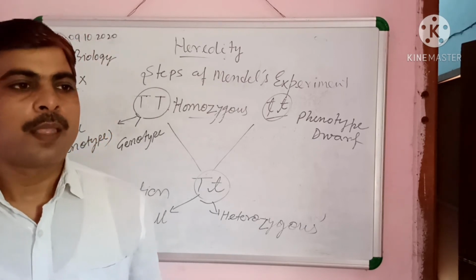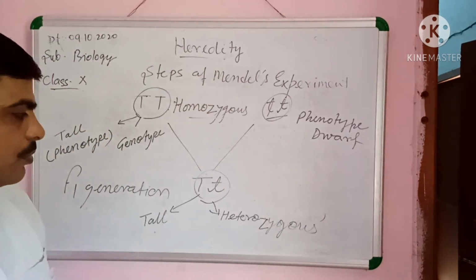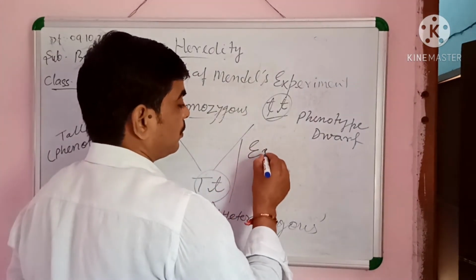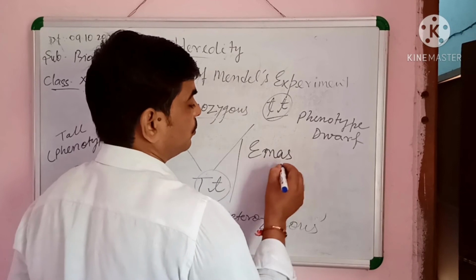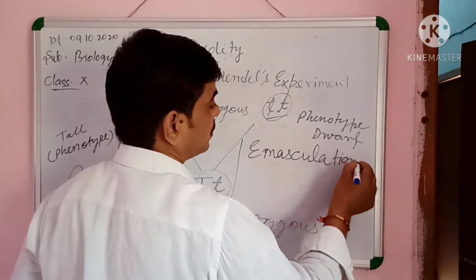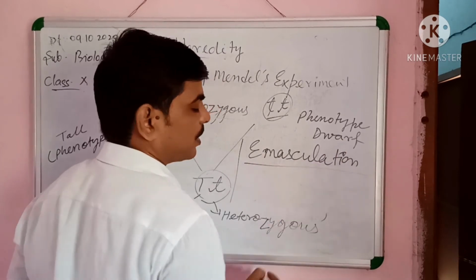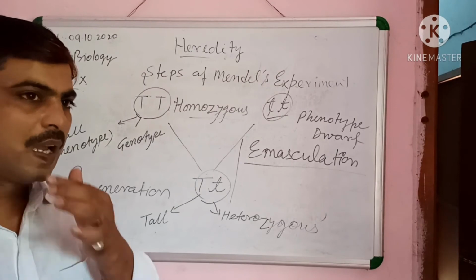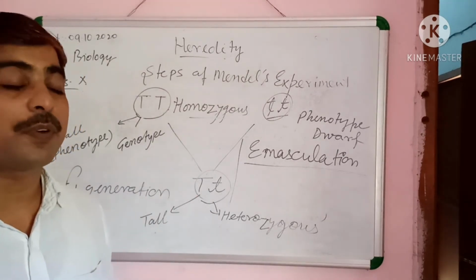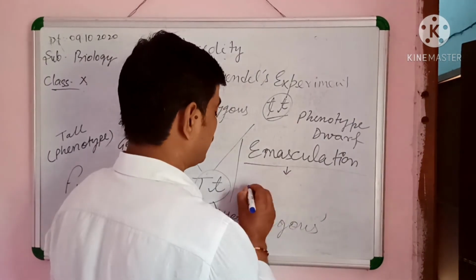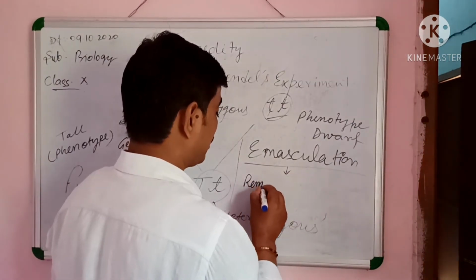Now how is a bisexual flower able to crossbreed, because self-pollination is the property mostly of bisexual flowers? And how will it be cross-pollinated? So emasculation is the process. What is emasculation?